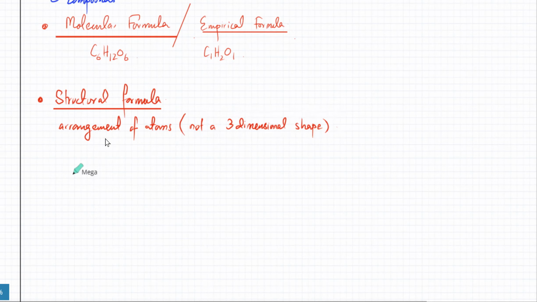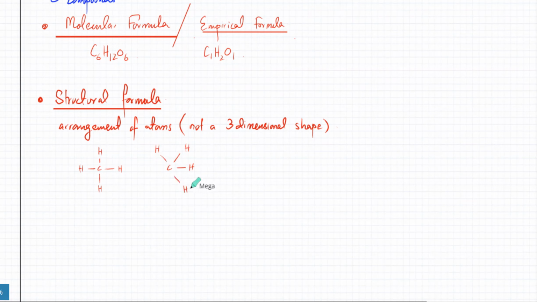For example, if I have carbon with hydrogens, it doesn't matter in what direction the bonds are drawn. You can write all the hydrogens in one direction, or maybe one over here and one on this side.